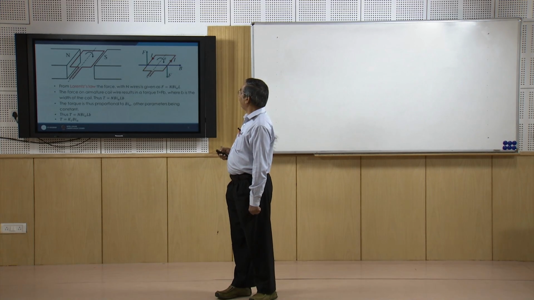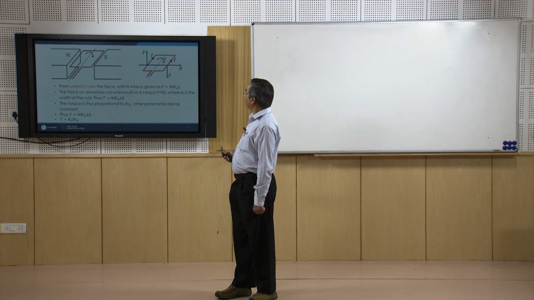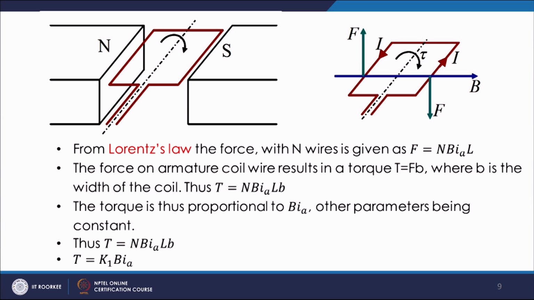So, if I take the example of, let us say, a magnetic field created by a permanent magnet, with the north pole and south pole of the magnet, and here a current carrying conductor is placed. Now, from the Lorentz force law we can find the force.